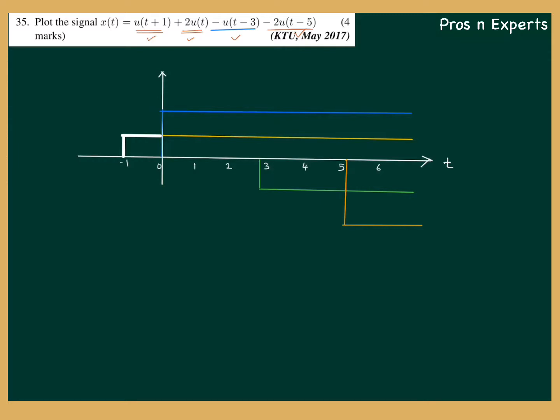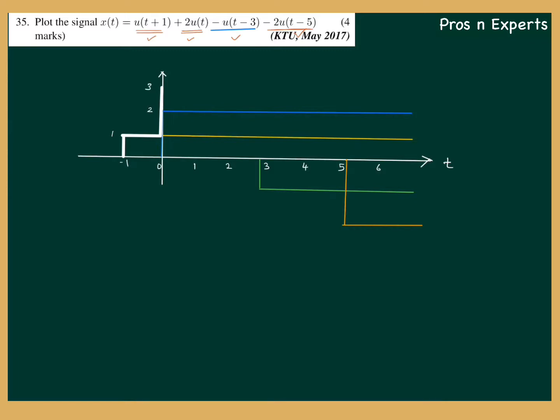Initially the amplitude was 1. Now an amplitude 2 step signal is added at t equal to 0. So the total sum is 2 plus 1, 3.